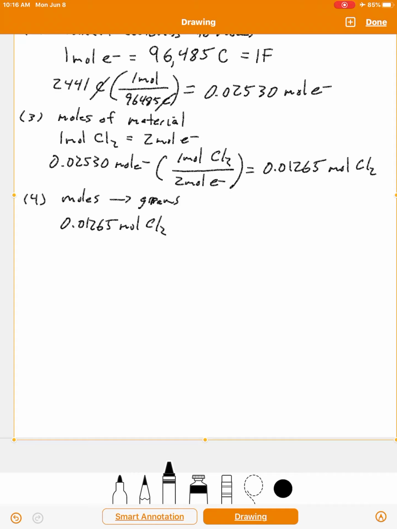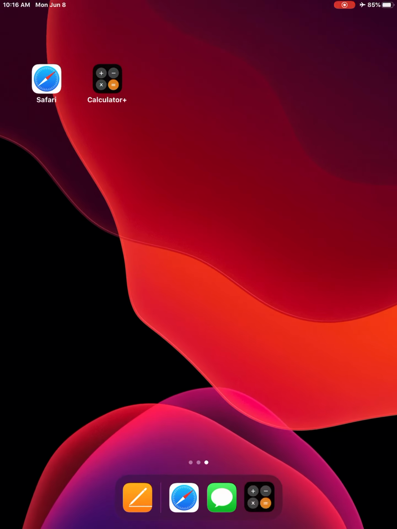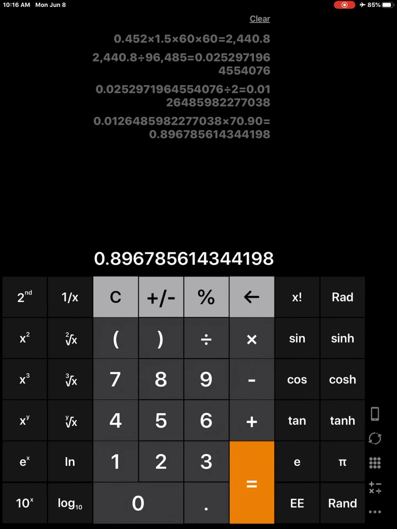We multiply by the molar mass, right? The molar mass of chlorine is 70.90: 35.45 for Cl, but Cl2 would be twice that, 70.90. Just multiply by the molar mass. So take that number, multiply it by 70.90, and there you go, 0.897.